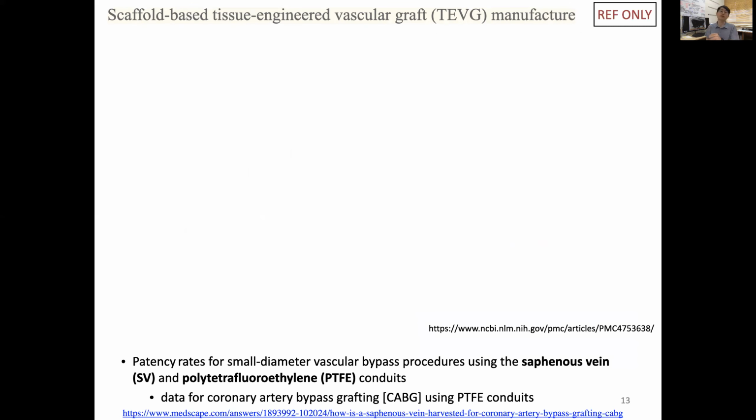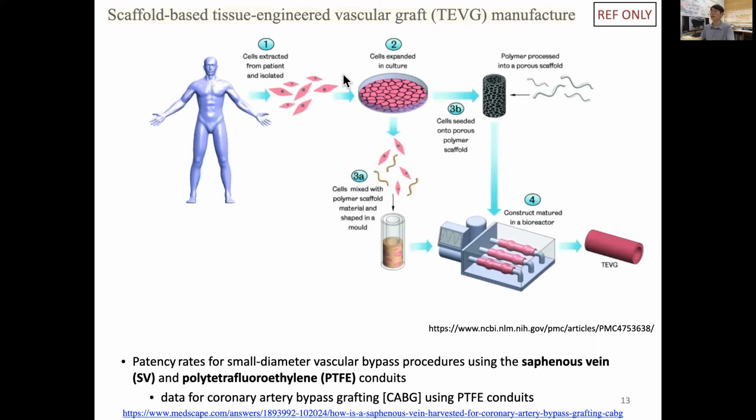Here is an example of the manufacturing process for a scaffold-based tissue-engineered vascular graft, or TEVG. The cells are extracted from the patient and isolated so that they can be used for the graft, so it is autologous.